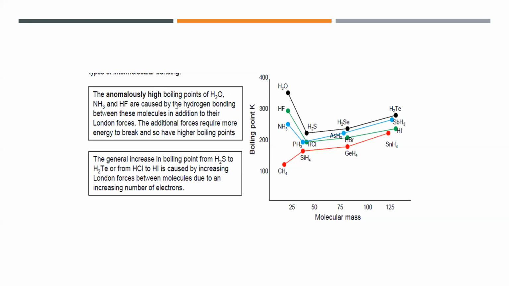Now, as you can see in this one, we have hydrides. We have group 6 hydrides, group 7 hydrides, and group 4 hydride is also there.